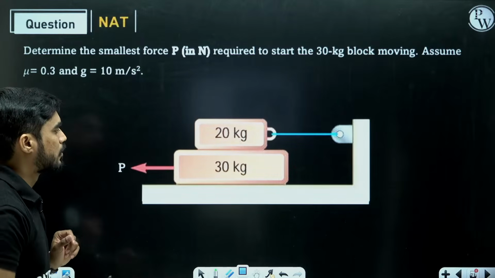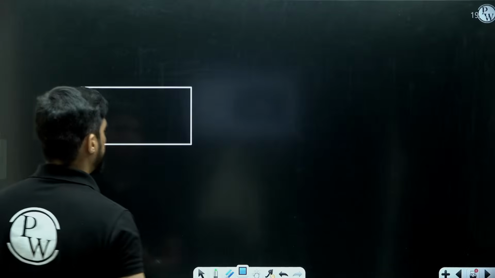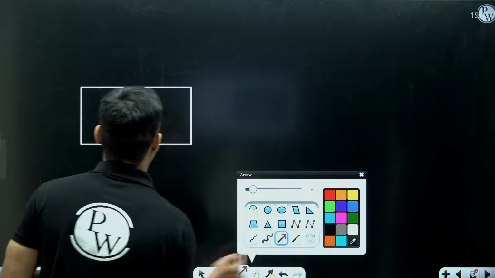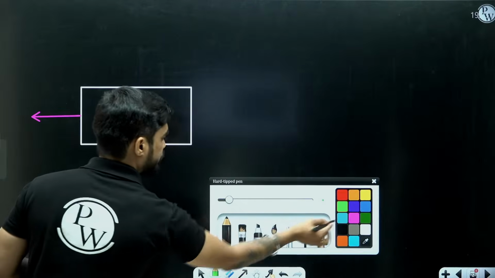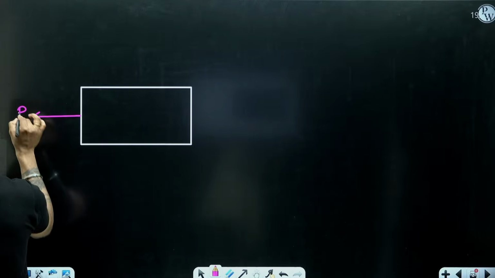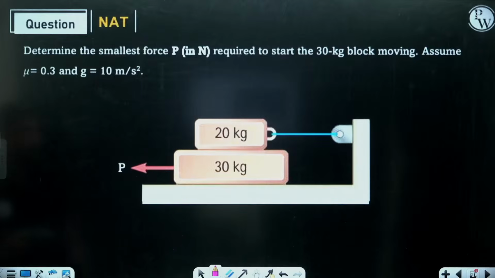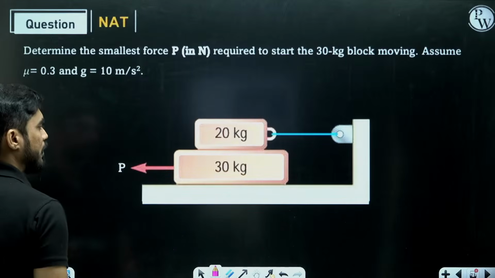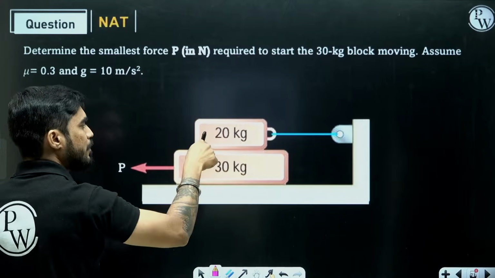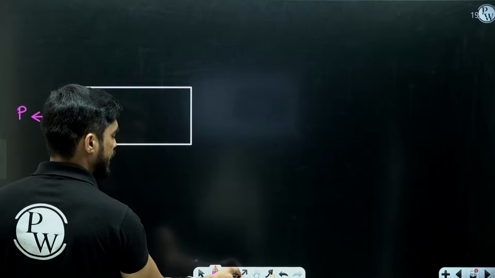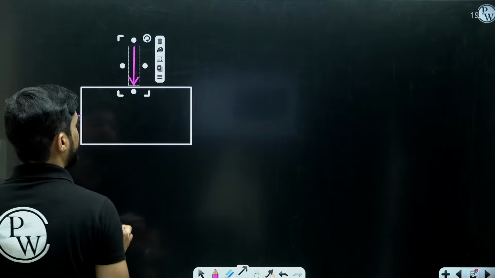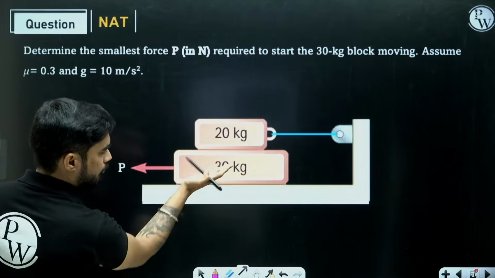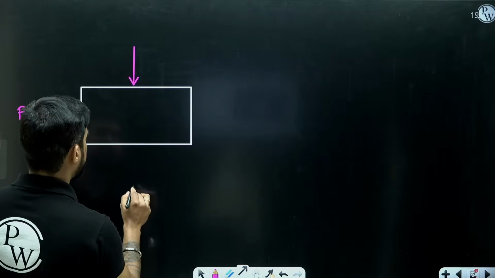So what are the forces acting on the 30 kg block? We are applying a force P on the 30 kg block. Now, there will be one force from the top between the 20 and 30 kg blocks, and one force from the bottom between the 30 kg block and this surface.